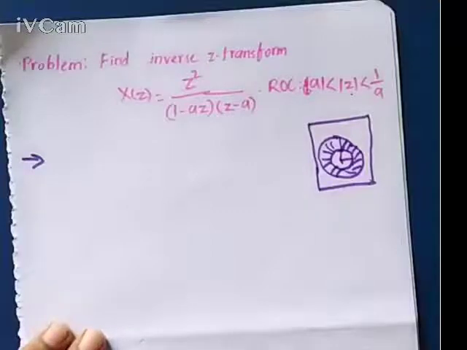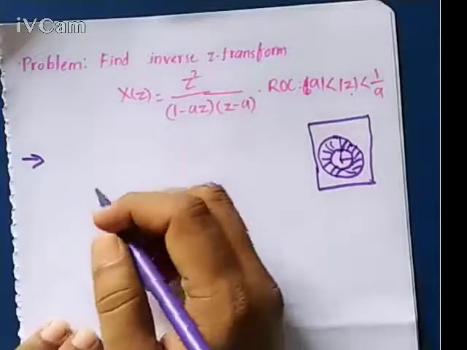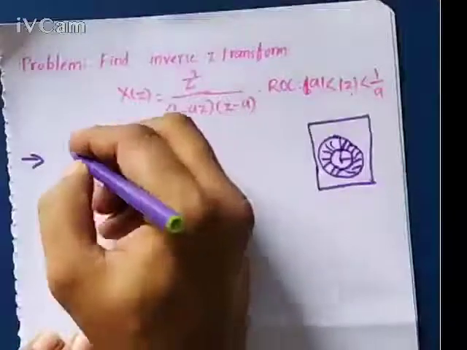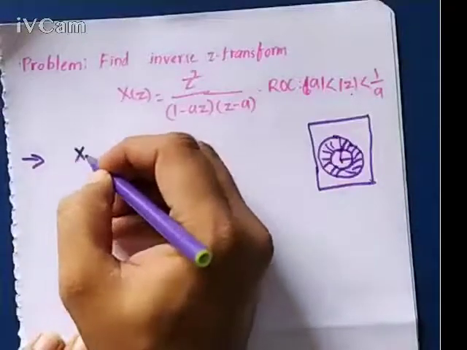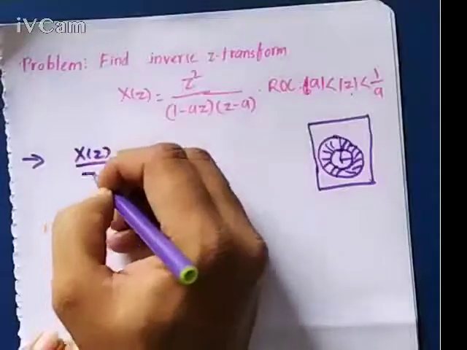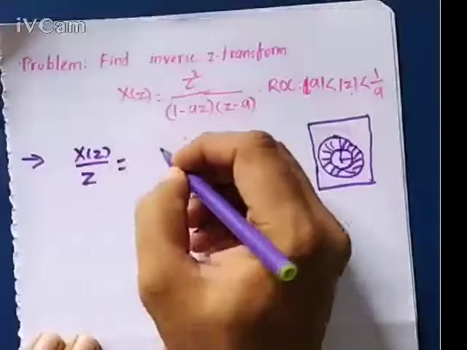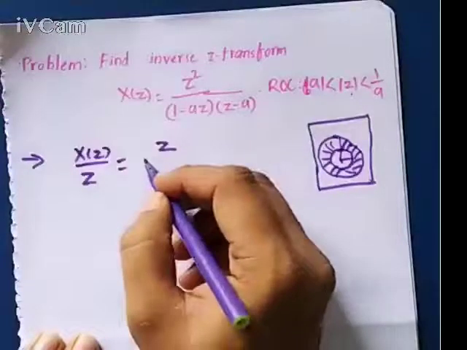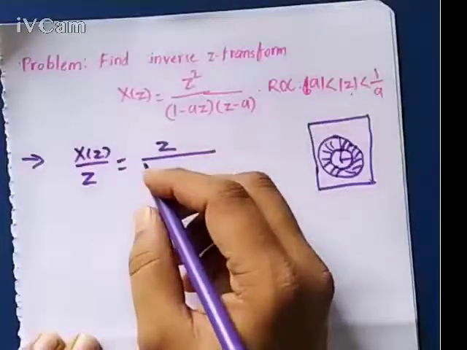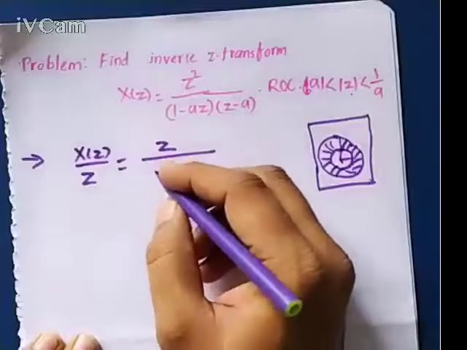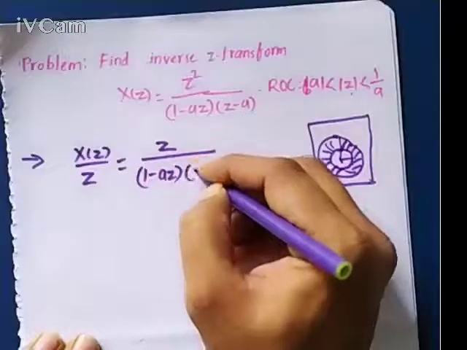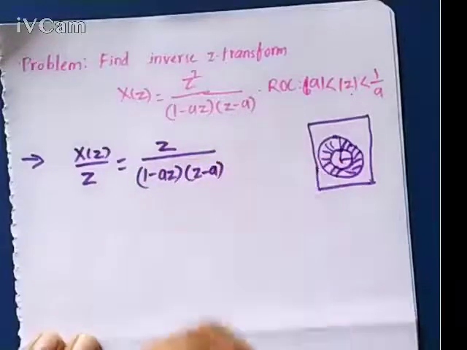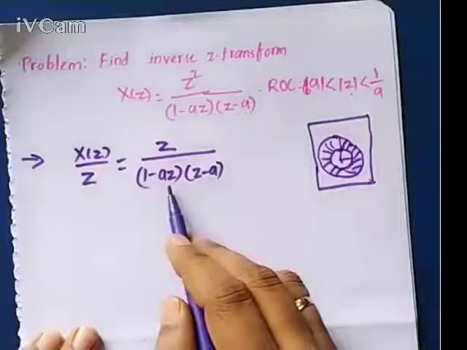Here, because there is a z square, I can just divide it: X of z upon z is equal to z upon (1 minus az) into (z minus a). Here I have this z term.